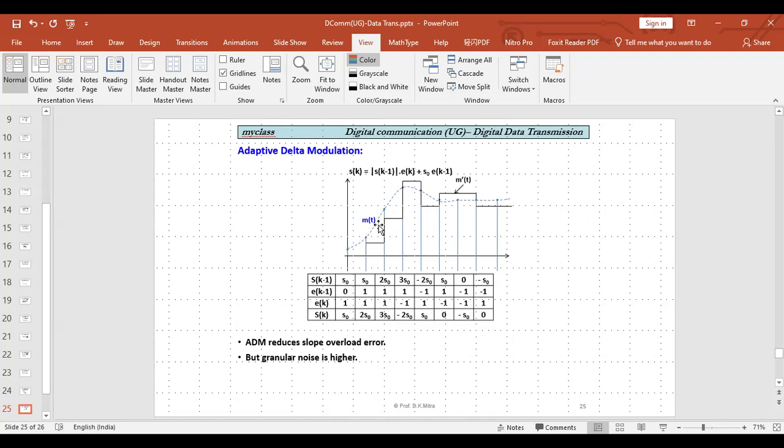So the next step size, it makes double, 2 millivolt. And the signal is rising still faster. So it rises by 3 times, 3 millivolt, like that. So my system is trying to adapt to the rise or drop of the signal rate. Keep that in mind.